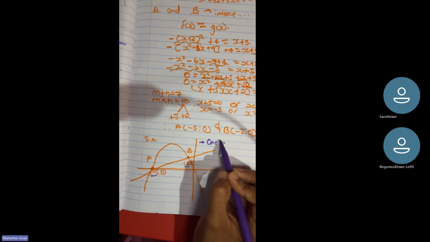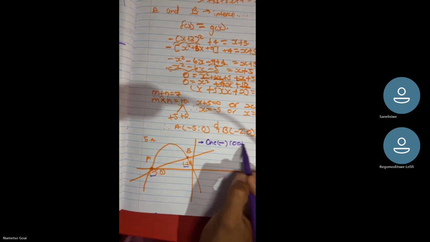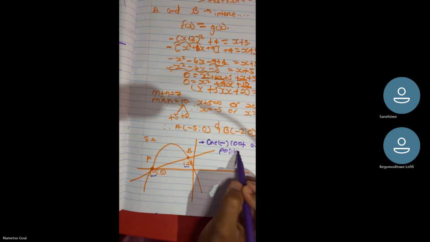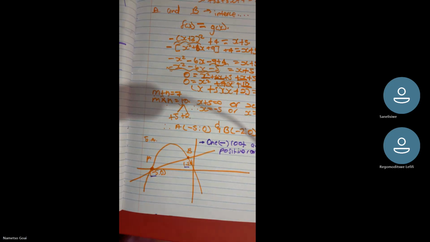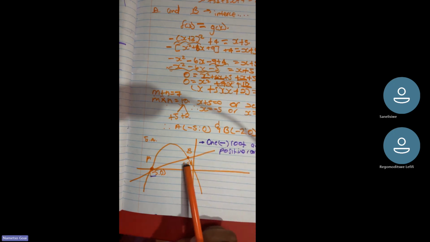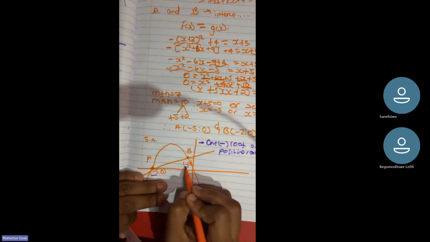But what they say is that they want us to do something to this graph until we have what? One negative root and one positive root, right? So now, this is what's going to happen. If we want to have one positive or one negative, because this is already negative 2.